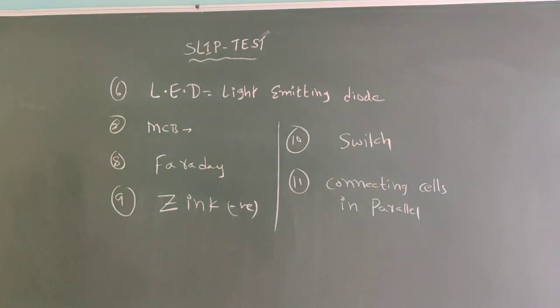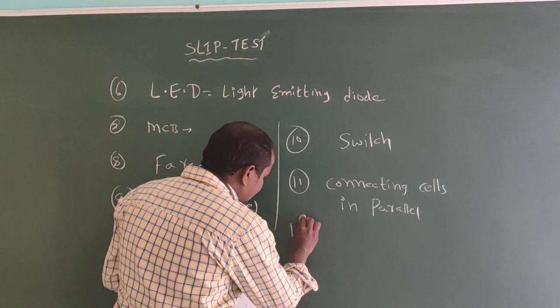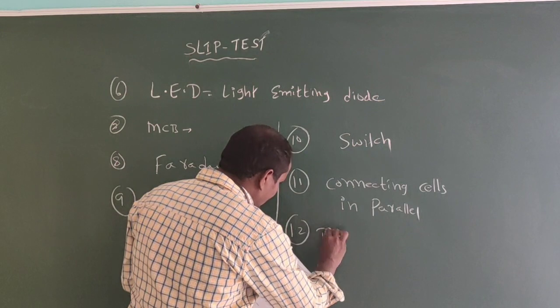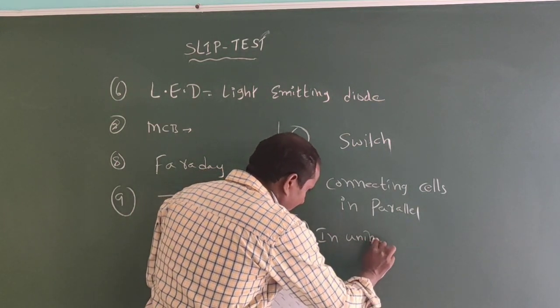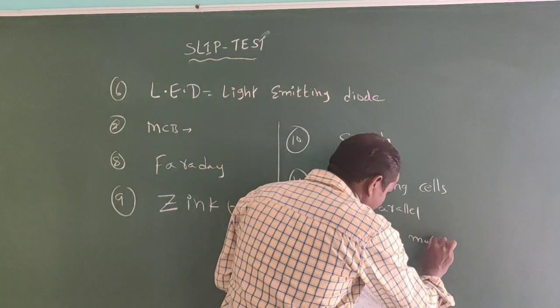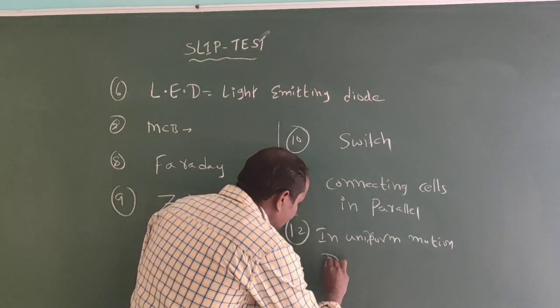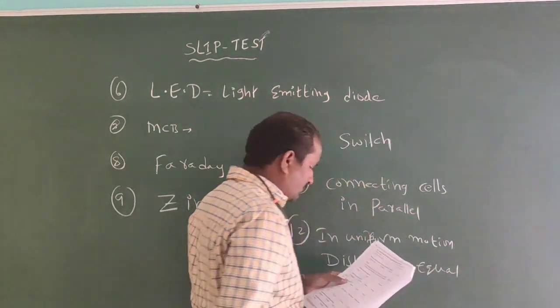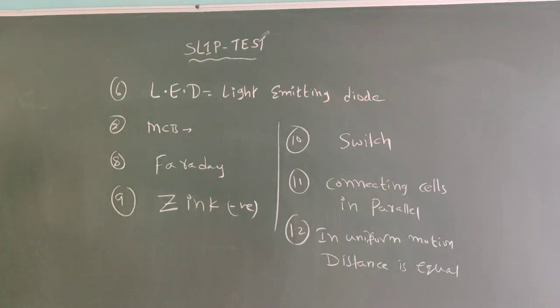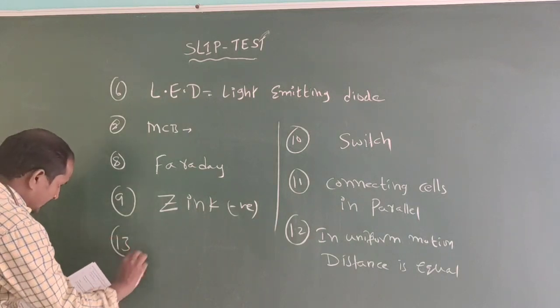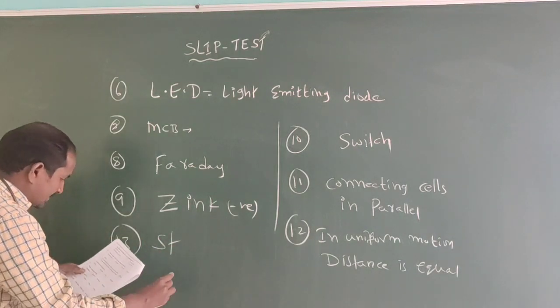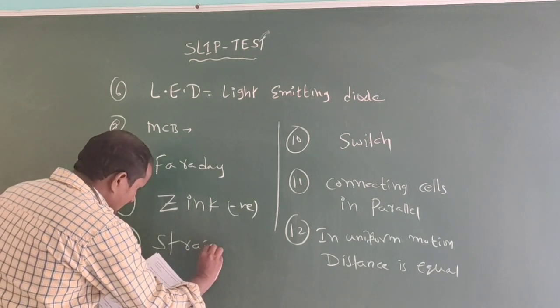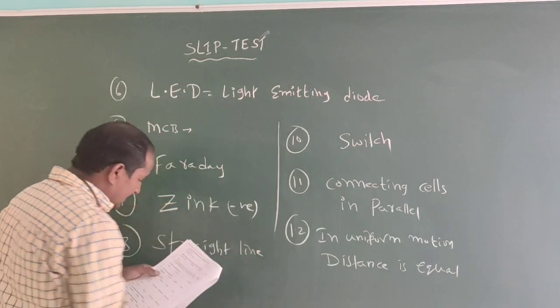Next one, in uniform motion the distance is equal. In uniform motion, straight line.